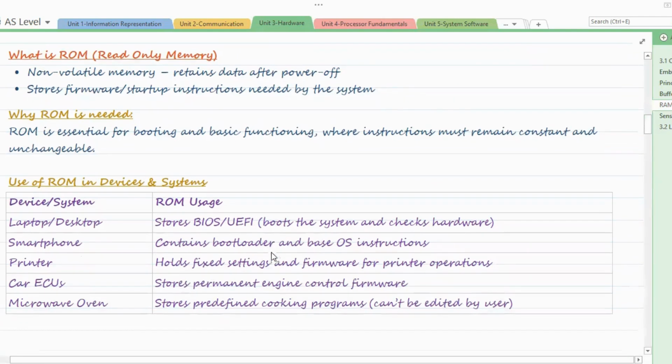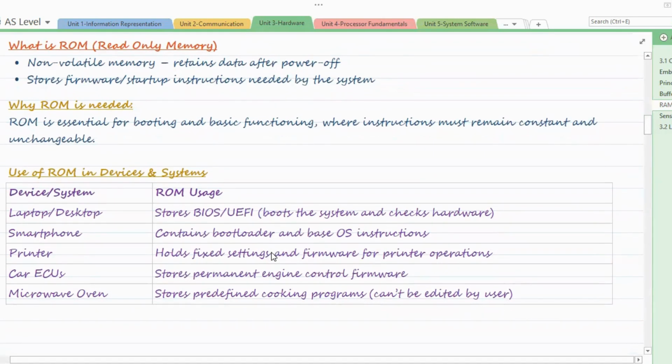If you need to look at the use of ROM in devices and systems: in laptops and desktops it stores BIOS, smartphones contain a bootloader, printers hold fixed settings and firmware, etc. Just have a look, because past papers have some questions where they have asked about the usage or functions of RAM and ROM in particular scenarios, devices, or systems.